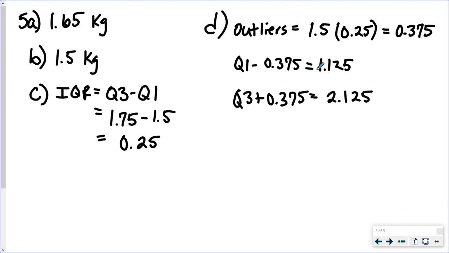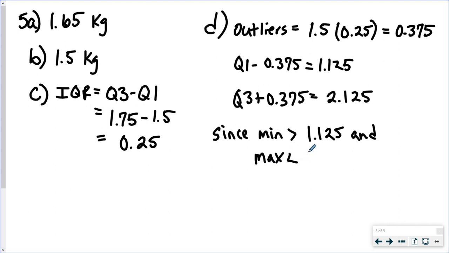So we would have to have data outside of this, right? Either lower than 1.125 or higher than 2.125. And we don't, since the minimum is greater than 1.125 and the maximum is less than 2.125.